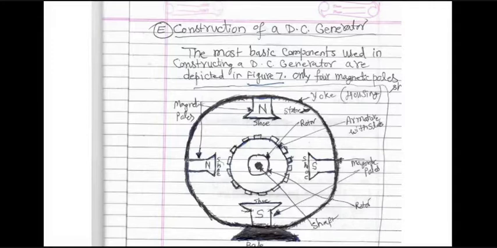And this entire assembly is rotating, of course. The central part is rotating continuously. And there is a commutator, that means split rings and brushes. All that detail is missing from this sketch.